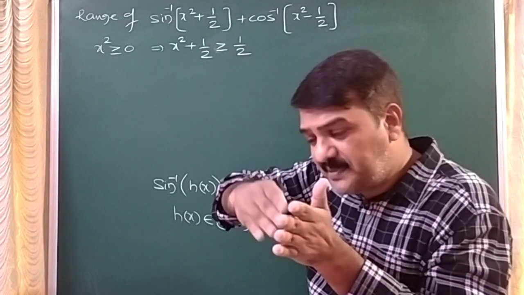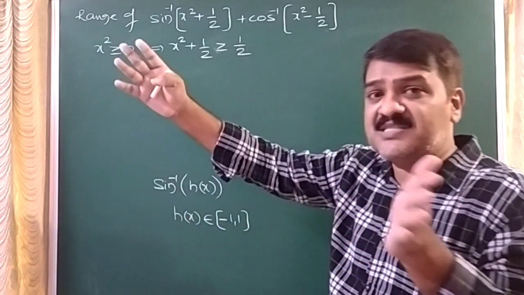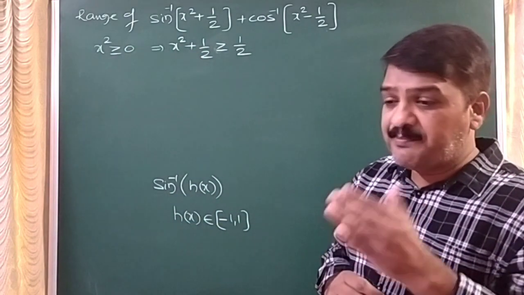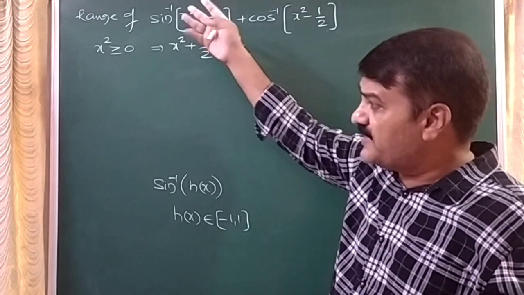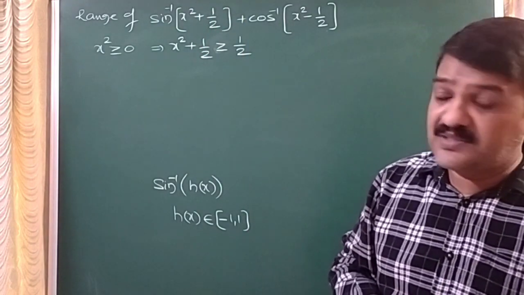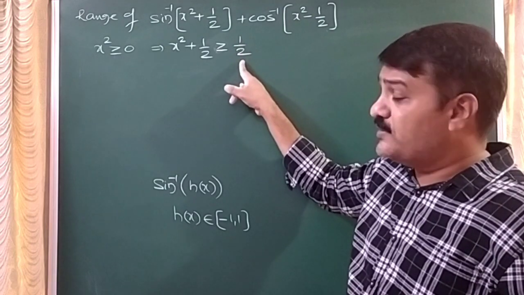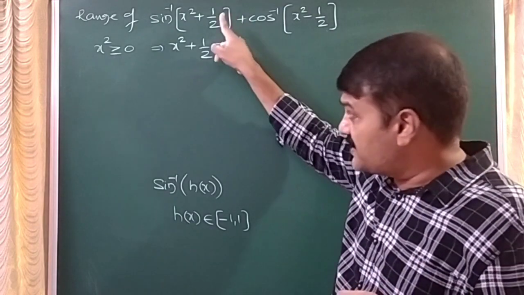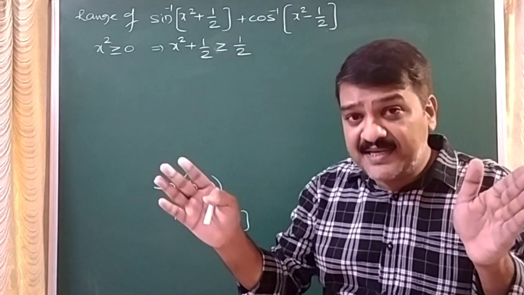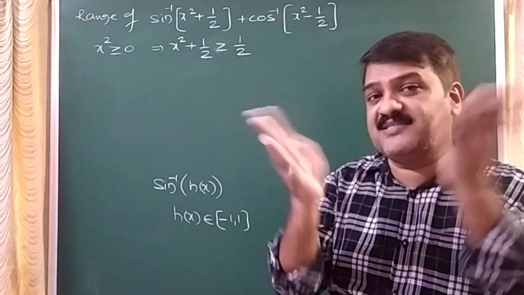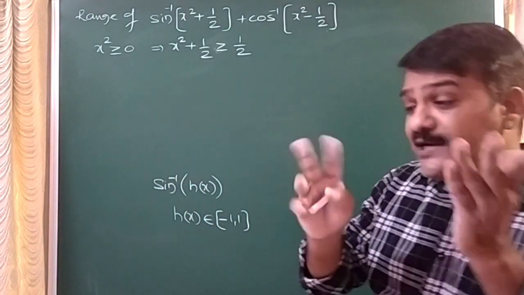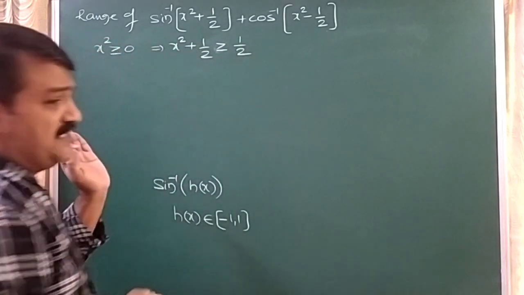And after that between 1 and 2 the step is the same. Between 2 and 3 the step is the same for any number. So let us take the step function value by taking any two integers. Between any two integers only we will check.